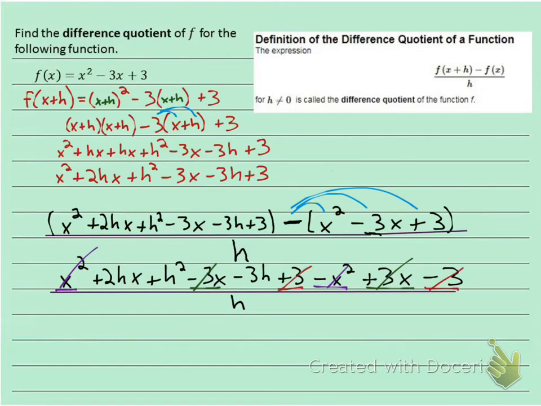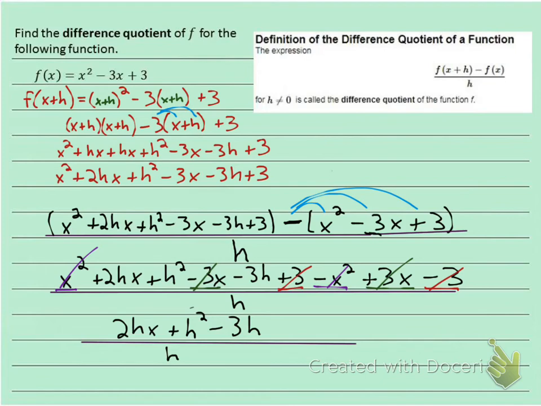Okay, so let's go ahead and write down what we're left with. We are left with 3 terms in the numerator. 2hx plus h squared minus 3h, and it's all over h.